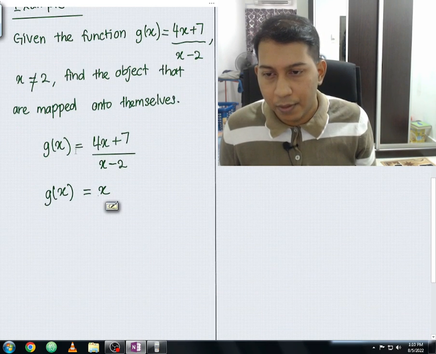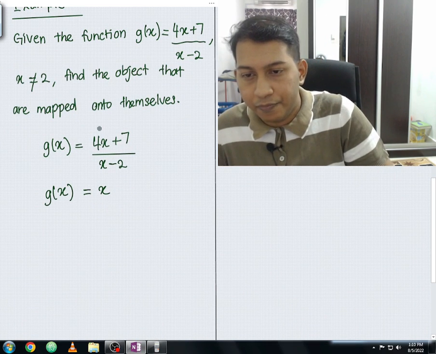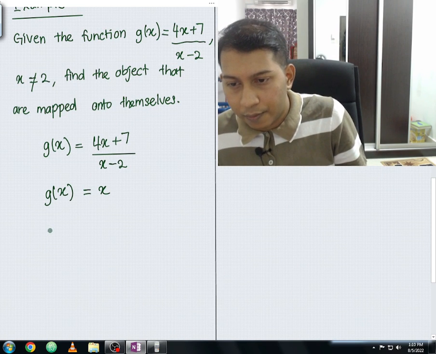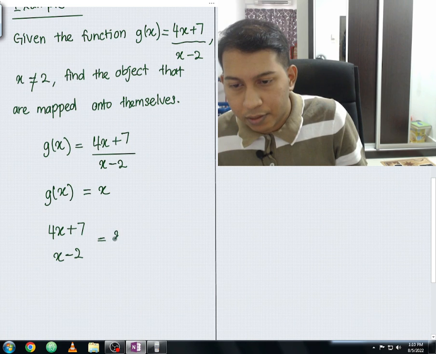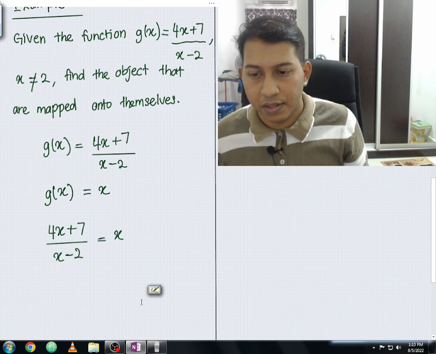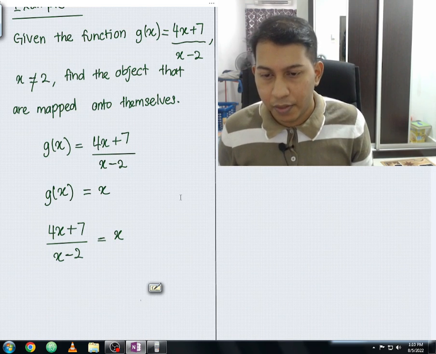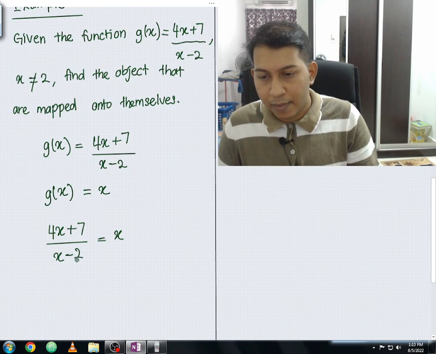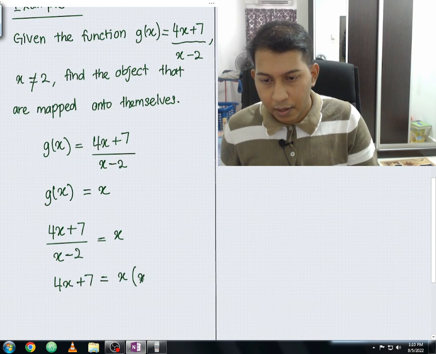Since you have g(x) equals to 4x plus 7, divided by x minus 2, you can relate this fraction over here. So 4x plus 7, divided by x minus 2, is equal to x. Since they are both g(x), you can equate them together. For the next step, x minus 2 you can multiply with x. So from here, 4x plus 7 is equal to x in a bracket x minus 2.